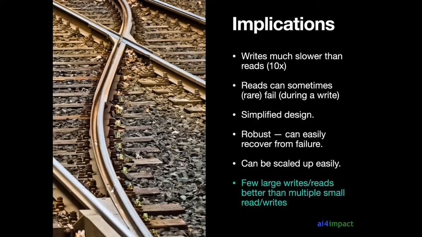Okay, but the other implication is that a few large reads or writes are often better than multiple small reads and small writes. So in other words, it's better for you to write larger but fewer things, rather than very small things, but more of them. Okay, because it's simply slower.